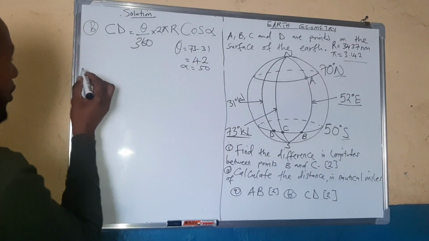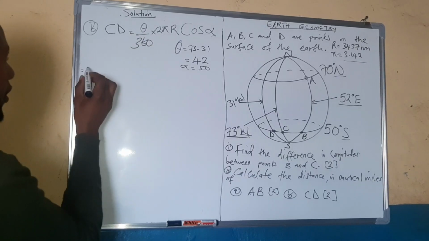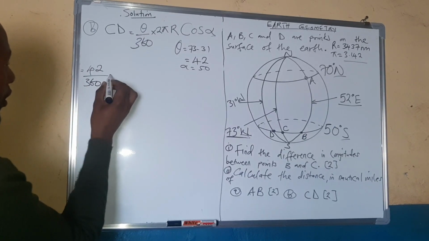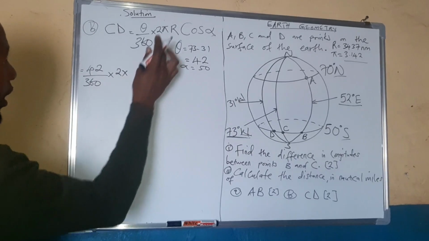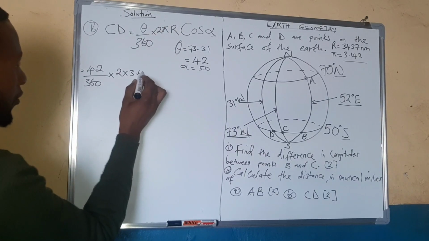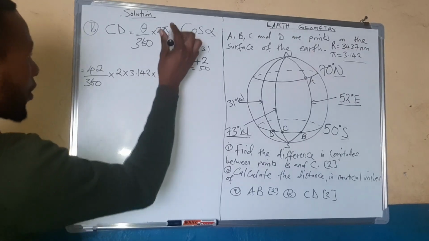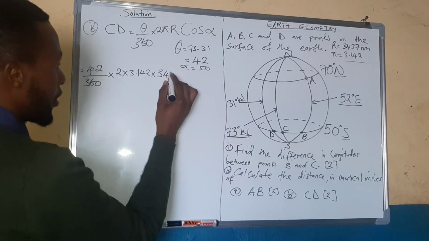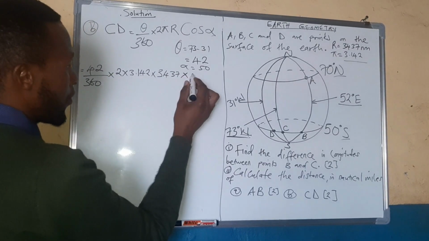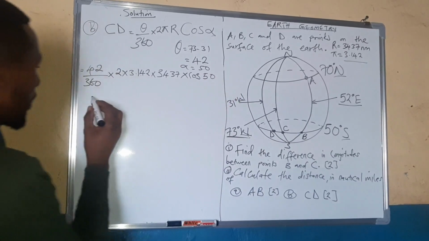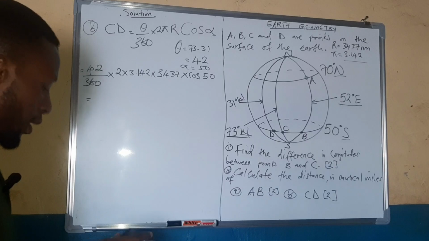So let us now substitute our values. Okay, so we have theta, which is 42, over 360 times 2 times our pi, which is 3.142, times our radius, 3437, since we're finding distance in nautical miles, times the cos 50 degrees. So you can multiply everything on top.